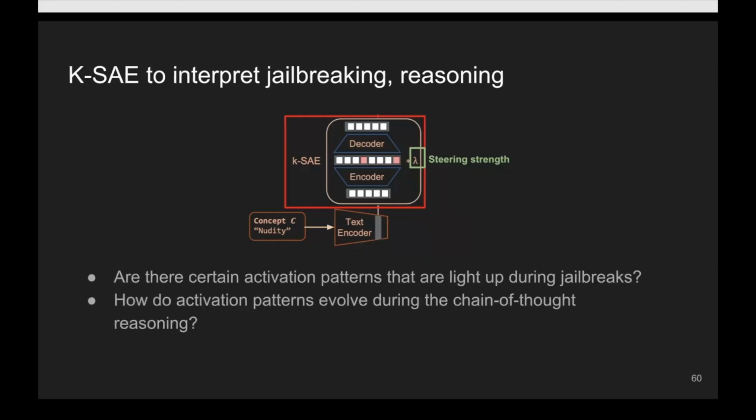Something I'm interested in, just because the features seemed robust even with adversarial prompts and adversarial inputs, is whether there is a common pattern that emerges in these activation units when it's jailbroken and when it's not.